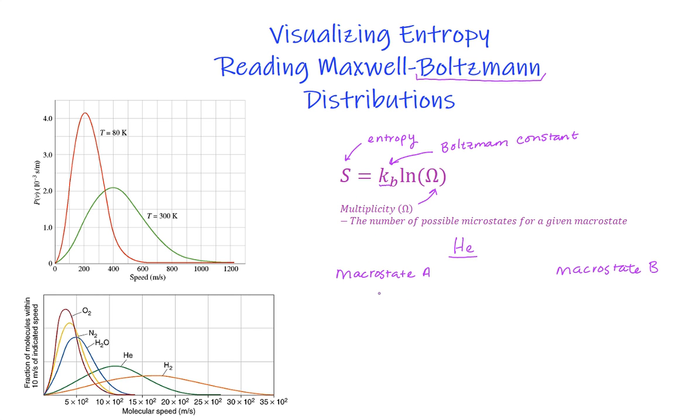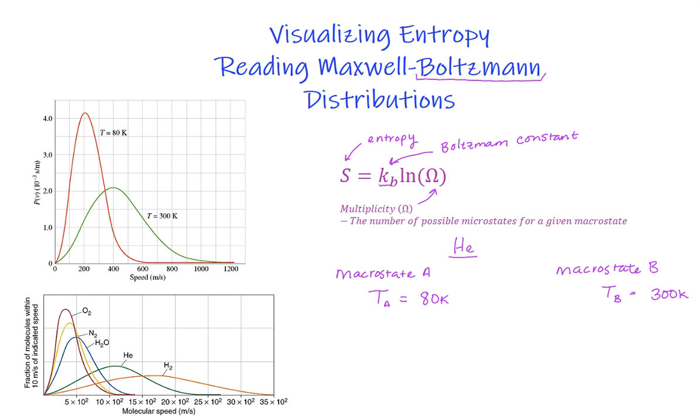But what I'm going to only focus on here is the temperature. So we are going to look at the temperature of helium at state A and compare it to the temperature of helium at state B. The temperature of the helium at state A, I'm going to say is 80 Kelvin, and the temperature at state B, I'm going to make 300 Kelvin.